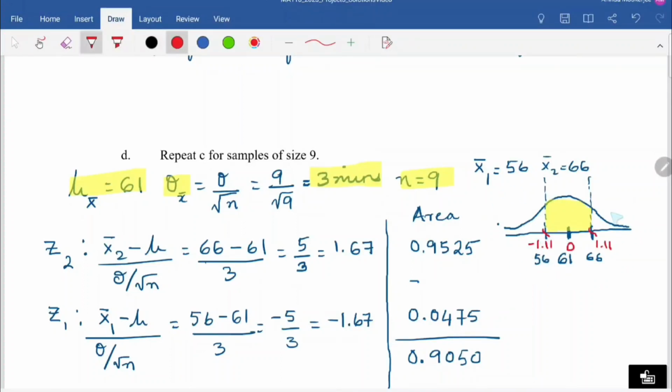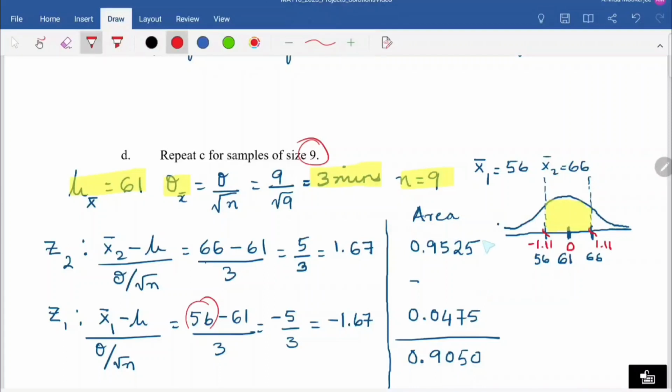Again, same diagram here, but our standard deviation will have to be divided by square root of n in this case, because the standard deviation is affected by the sample size. So our first z value corresponding to 66 is 1.67. The other z value corresponding to 56 is negative 1.67.